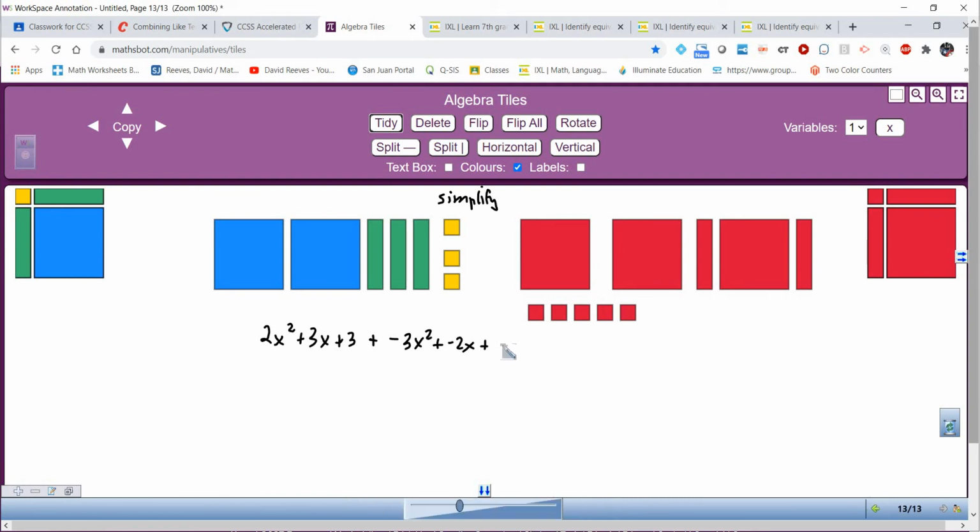All right, now I do want to let you know that many times, in fact most of the time, we don't write it like this, all right? Instead of plus and negative, we would put minus 3x squared minus 2x minus 5, right? Or another way we might put it is minus 3x squared plus 2x plus 5 with that minus outside.